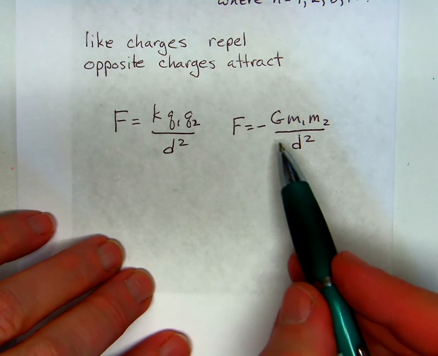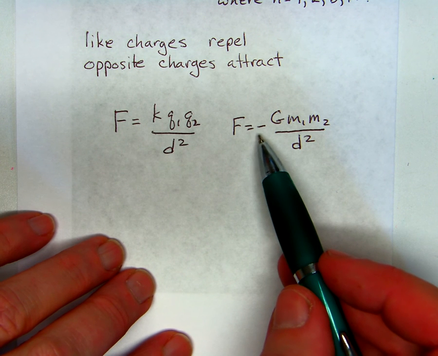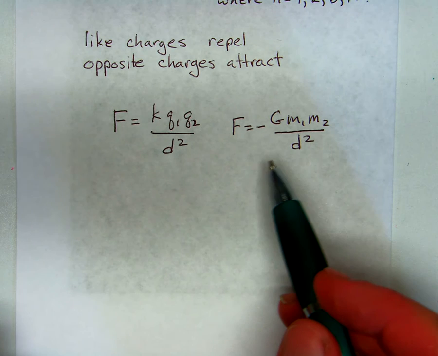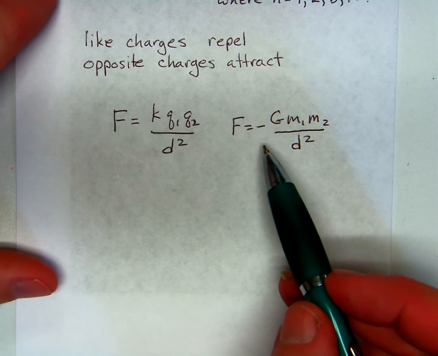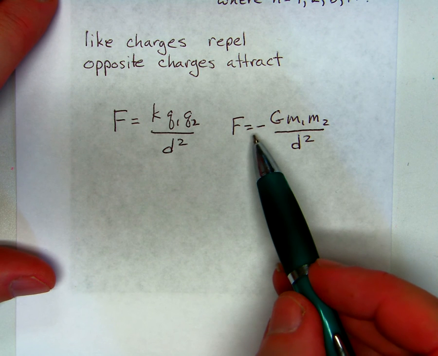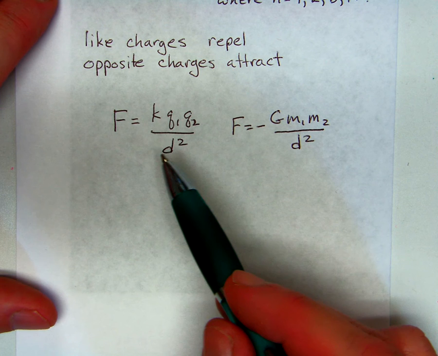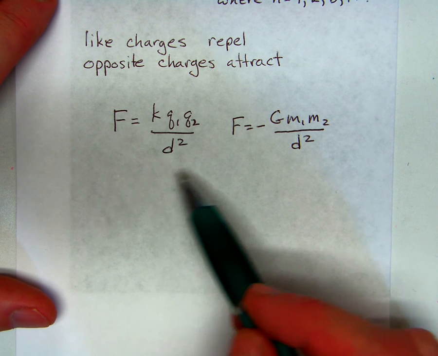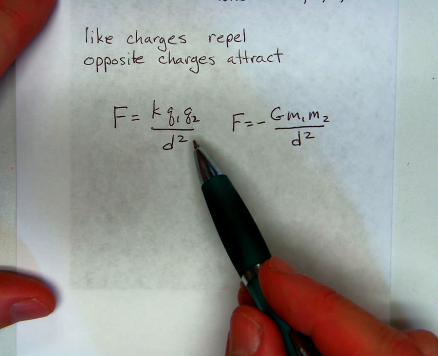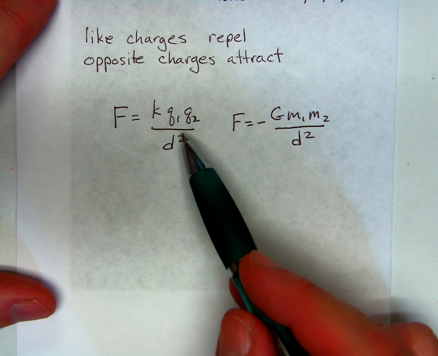Now, many times we'll leave off the negative sign here, and we'll just note that gravity is always an attractive force, and that anytime we get a negative number here, or put our negative in, that's all that negative sign means, is they attract. With our electrostatic force, this negative becomes more important, and we need to be a little bit more careful about how we designate things.